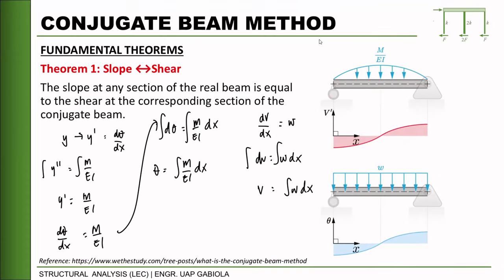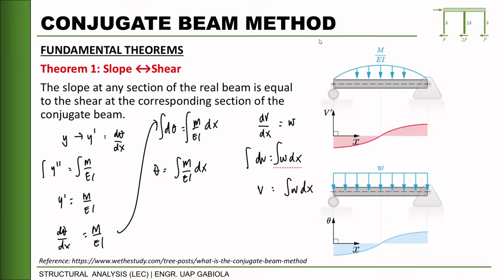As you can see, we are performing the same manner of operations. For the fictitious beam, we take the derivative and get its slope, which is this one. For the original real beam, the derivative of the diagram will be equal to our loading. So in a manner, we can equate these two.